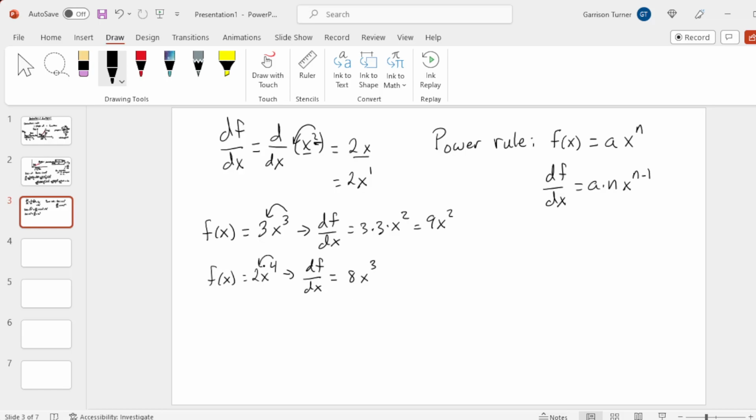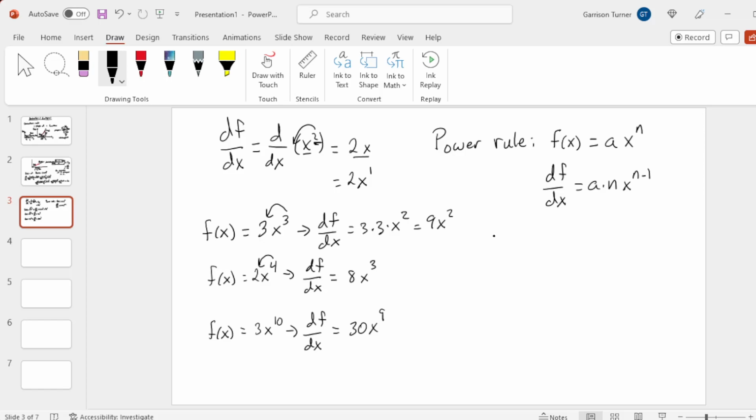Bring your power down, multiply, and then subtract 1 from your exponent. And if I have, let's say, 3 times x to the 10th, okay? Then the derivative of this would be 30 times x to the 9th.